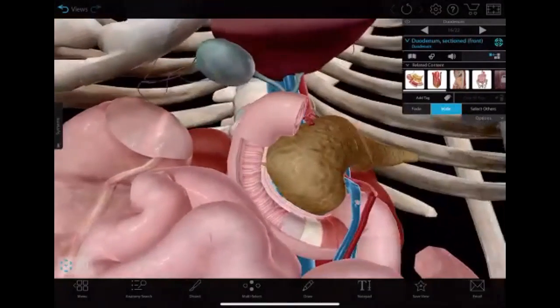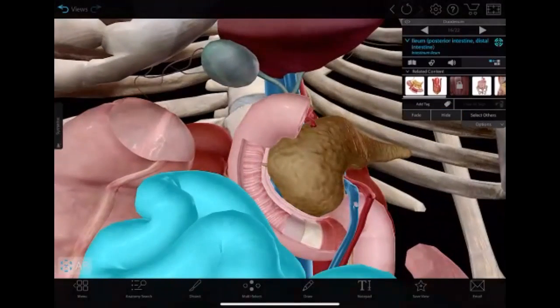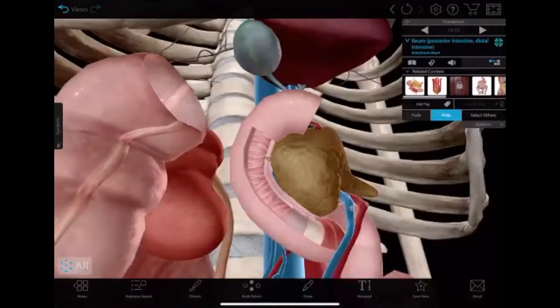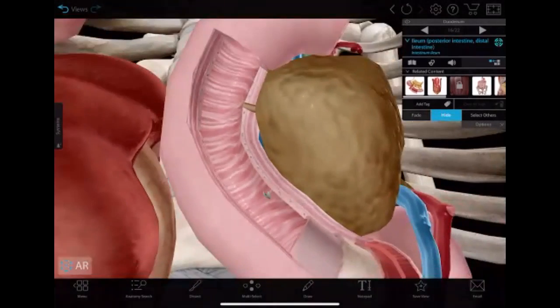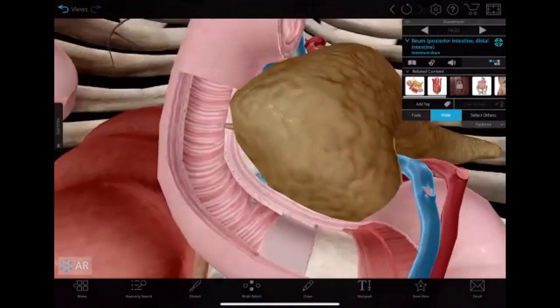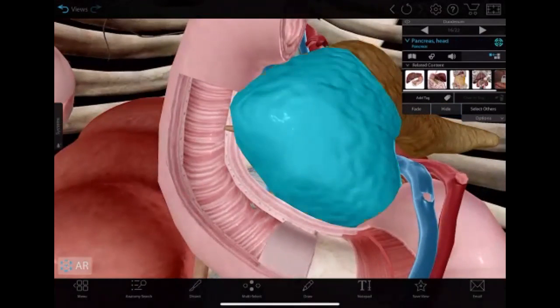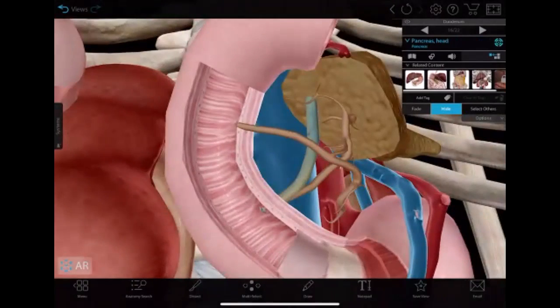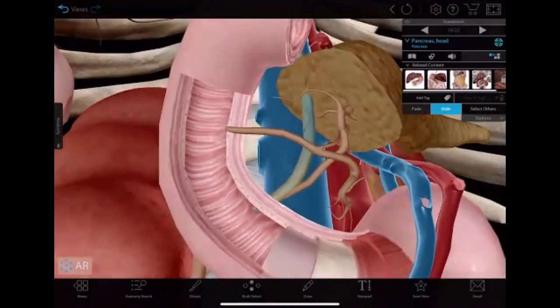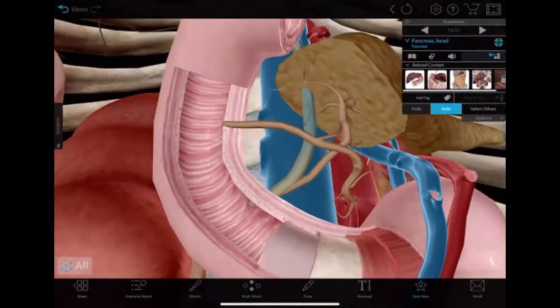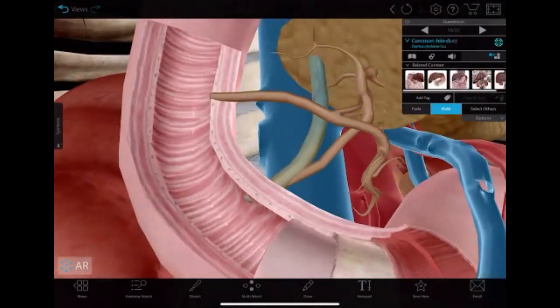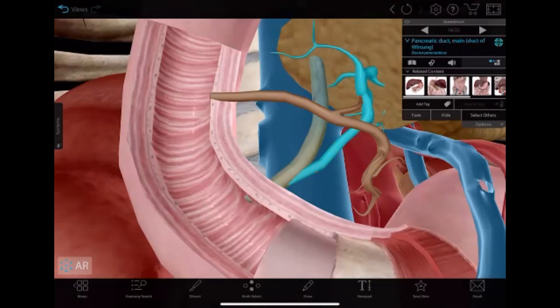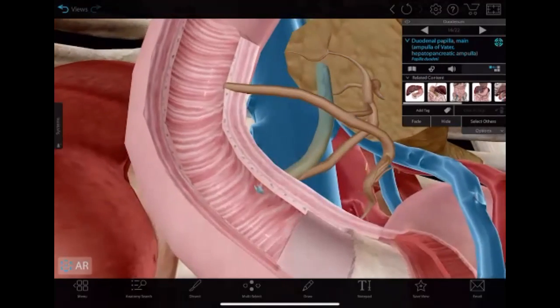So you can see, this is the bile duct and this is the main pancreatic duct. Both of these are opening into the ampulla of Vater, right? So that is the ampulla of Vater. So you see, this is the common bile duct. This is the major pancreatic duct, right?